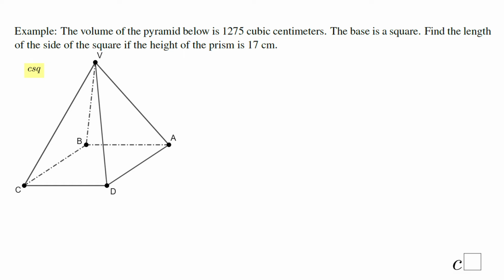On the next problem, we go back to a pyramid, and what do we know? We have this pyramid which has a volume of 1275 cubic centimeter. You notice the unit, and the base is a square, and we need to find that side if the height is 17.